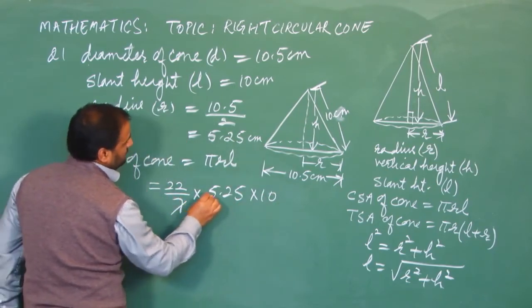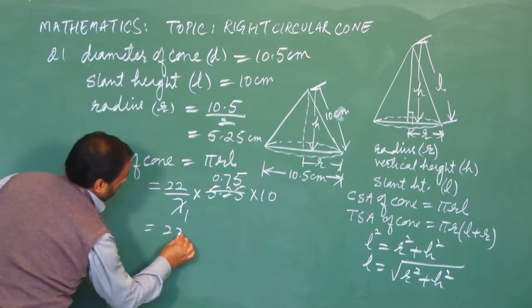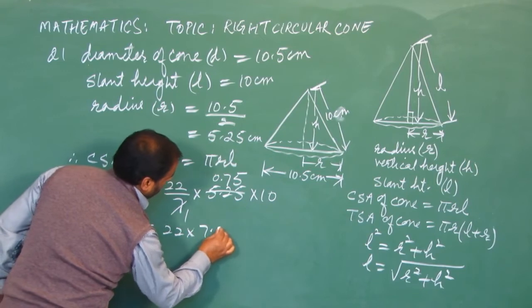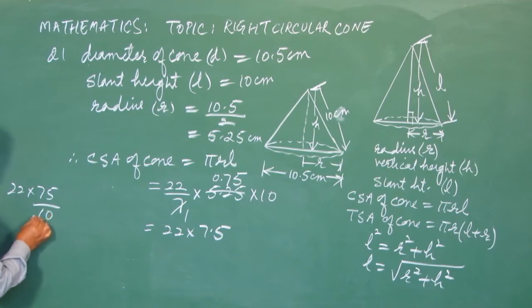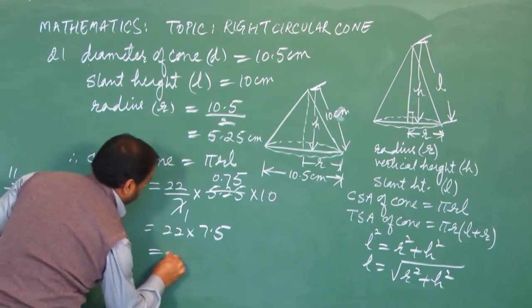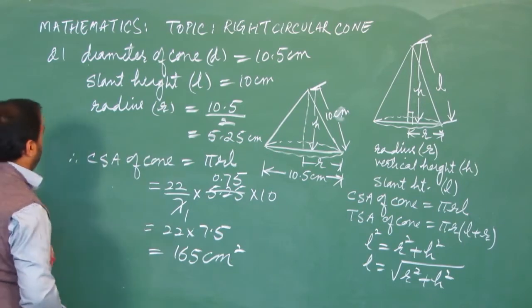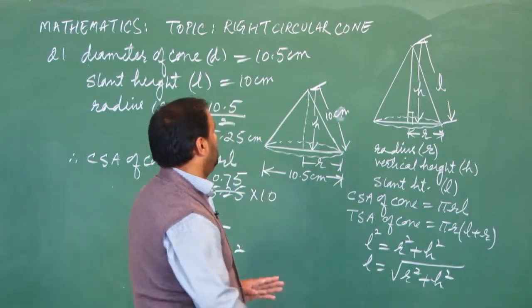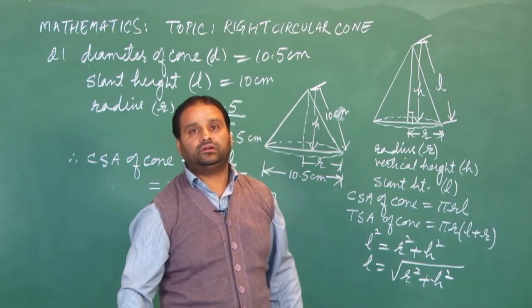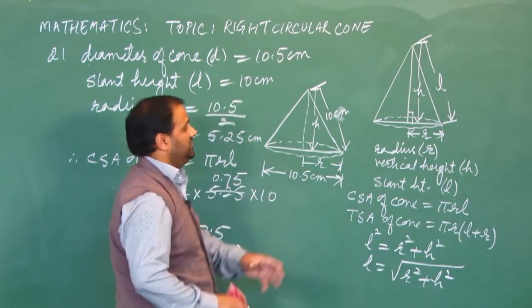So when you calculate, 22 into 75 by 10, it is 165 centimeters square, in fact, the curved surface area of the cone. Now, you see, without the base, the surface area of the cone is the curved surface area of the cone, and it is 165 centimeters square.